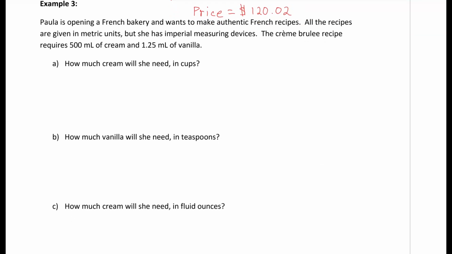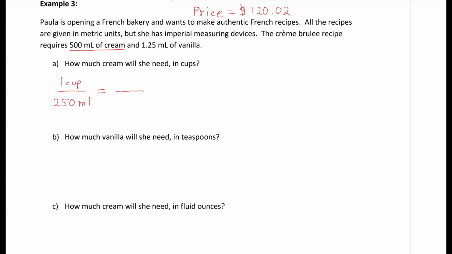So we require 500 milliliters of cream, and we want to figure out how many cups this is. If we flip back, we're going to find out that 1 cup is equal to 250 milliliters.